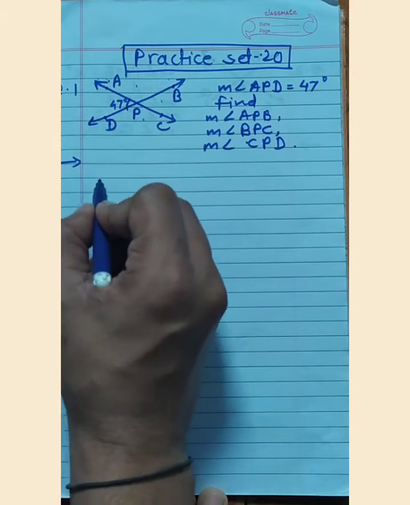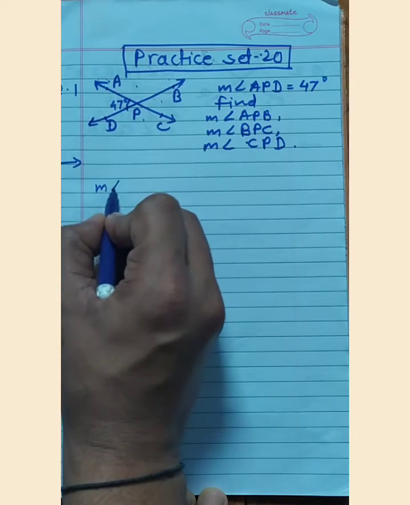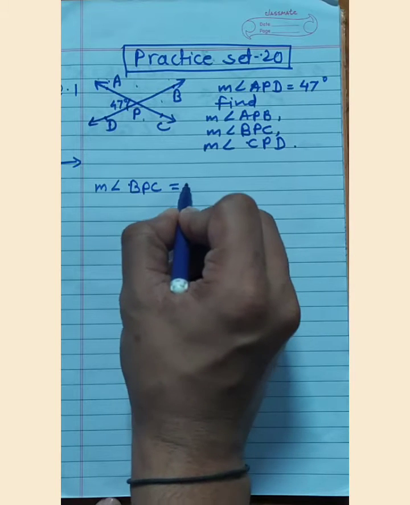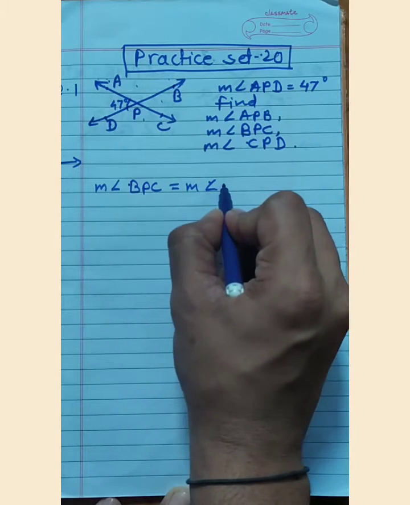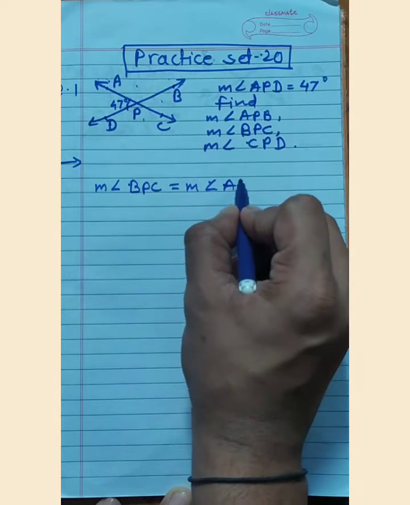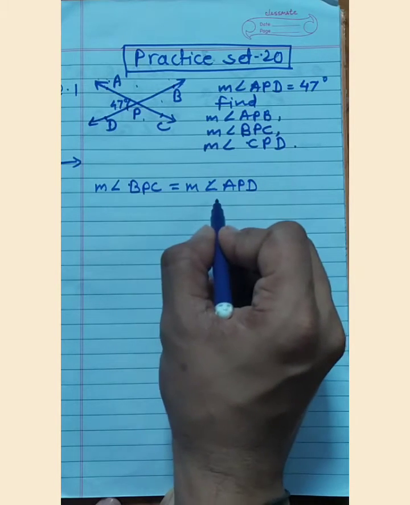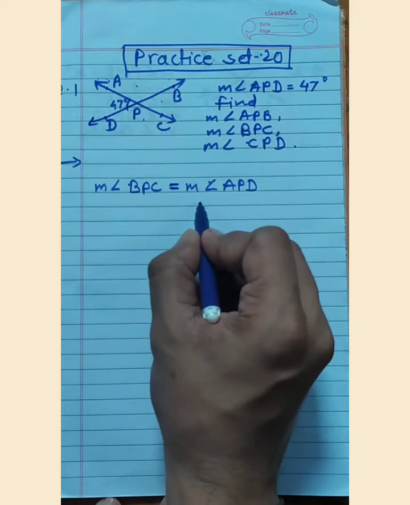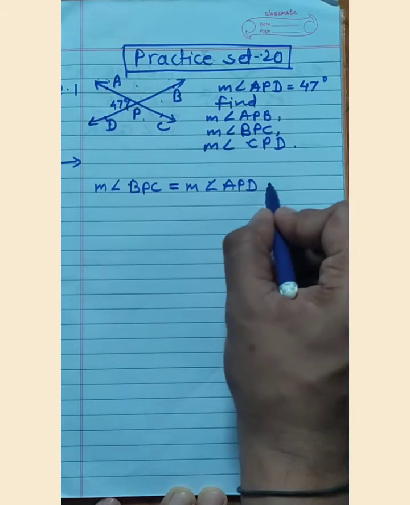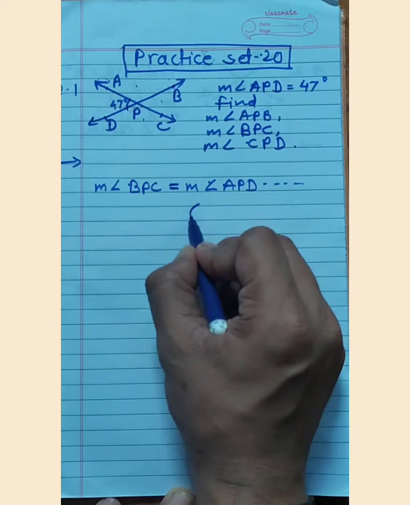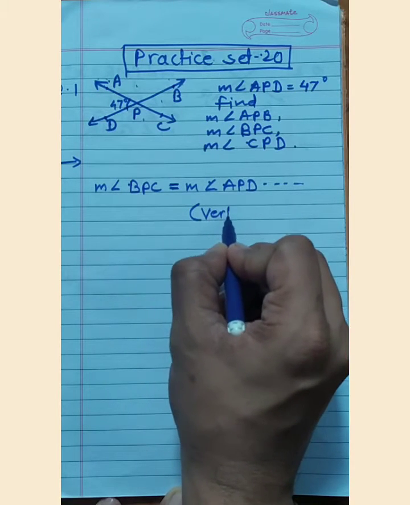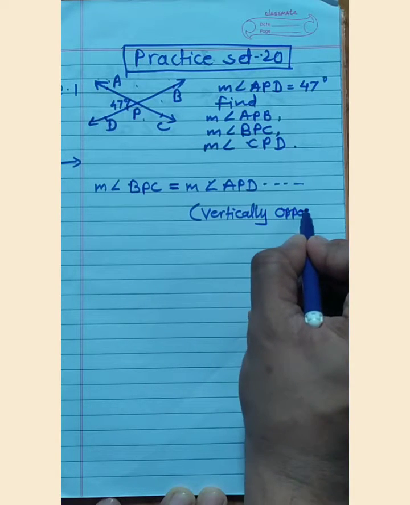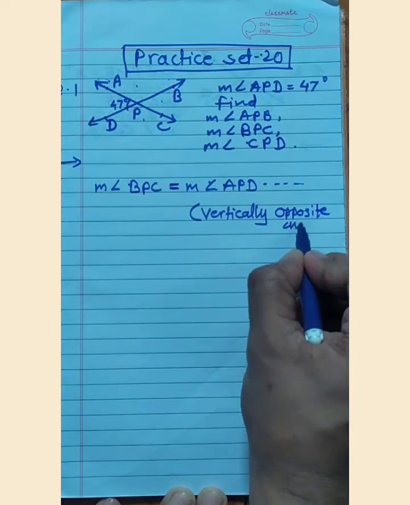So we can write here measure of angle BPC is equal to measure of angle APD. For this we have to write the reason in brackets: because vertically opposite angles.